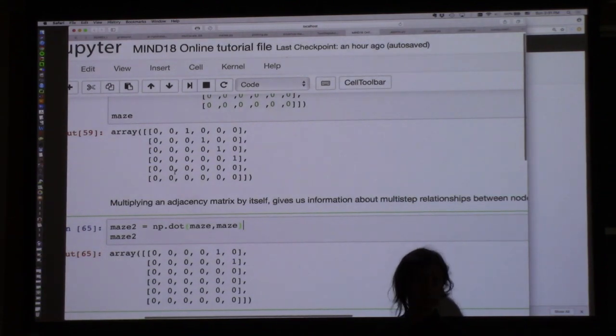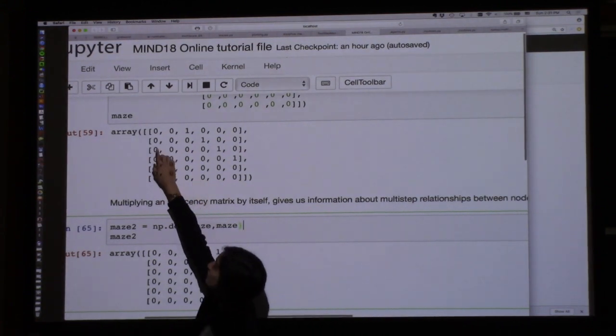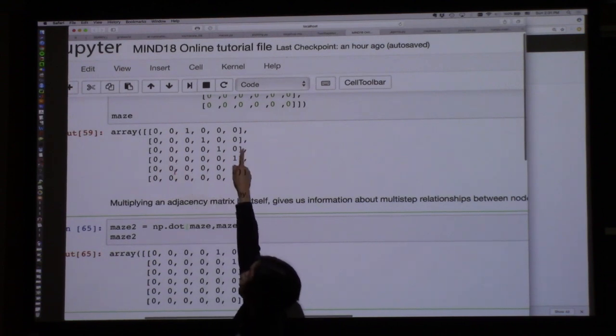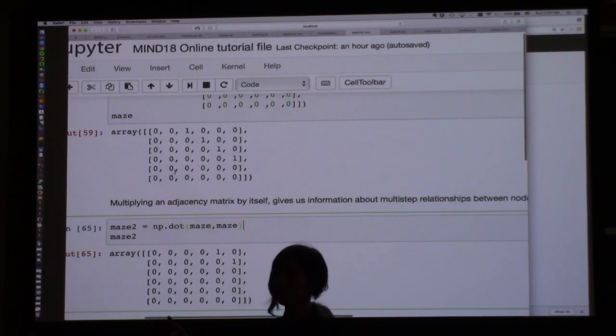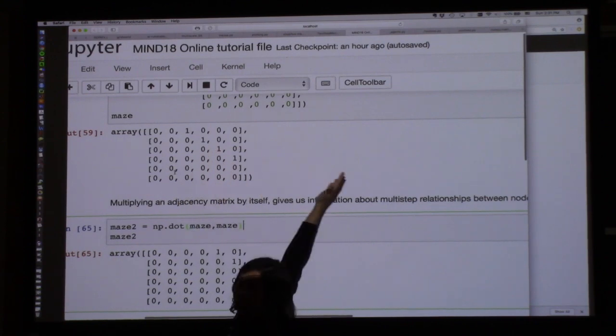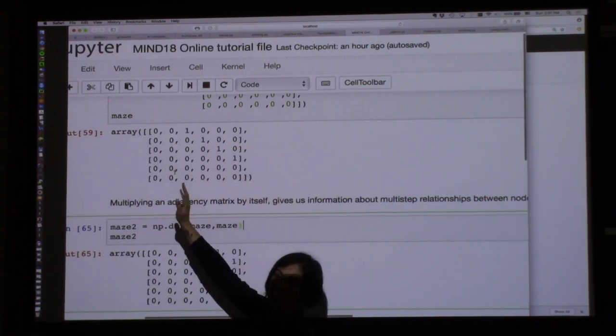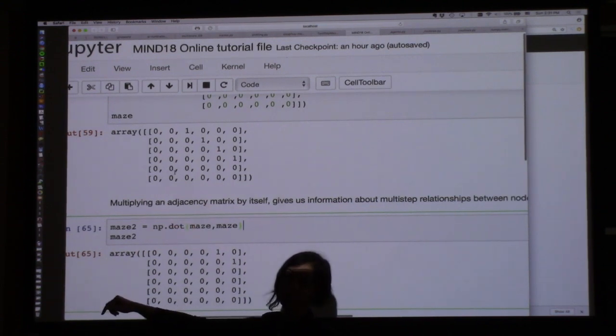I don't understand the algorithm that you're describing, but I just want to go this far to say when you multiply that row, which says there's a relationship between 1 and 3, basically by the whole entire matrix, what happens is that you find out that within 2 steps, there is some other node that is connected to 1.